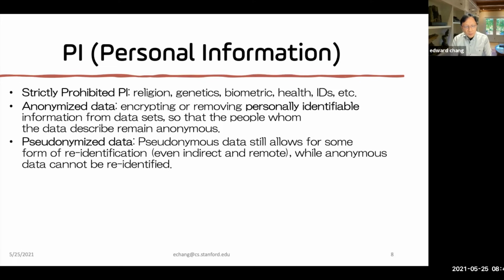Okay, and PI, personal information, is divided into a few categories. One is personal information strictly prohibited to disclose, including a person's religion, genetics, biometric, healthcare data, and IDs. And there are more. And some data is anonymized, right? So suppose you have a database storing a person's name, and then all the personal information plus their access history.